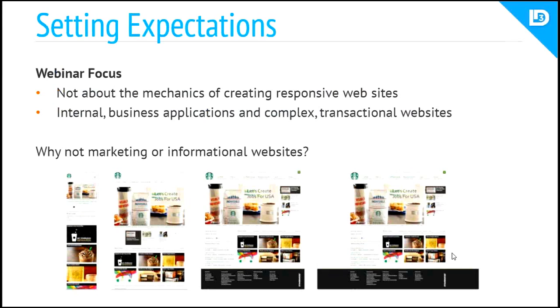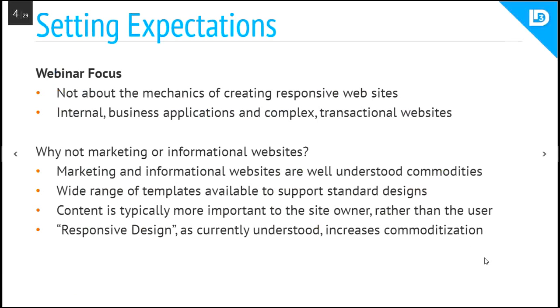What I do want to talk about today is how this topic applies to internal business applications and complex transactional websites. Now, you're thinking, why not marketing sites or informational websites like Starbucks that I have shown here below? There are a couple of reasons for that.